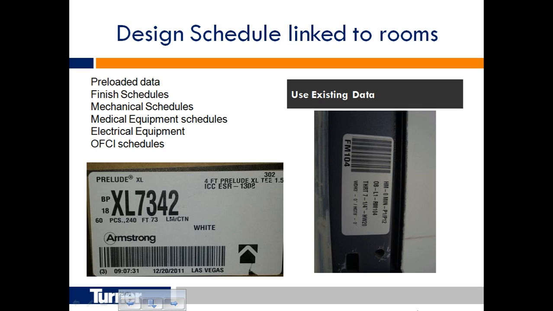What parts and pieces of information can you start to glean from that, and then using barcodes to quickly manage that data. So you see here we've got preloaded data: finish schedules, mechanical, medical equipment schedules, electrical equipment, and owner furnished, contractor install.